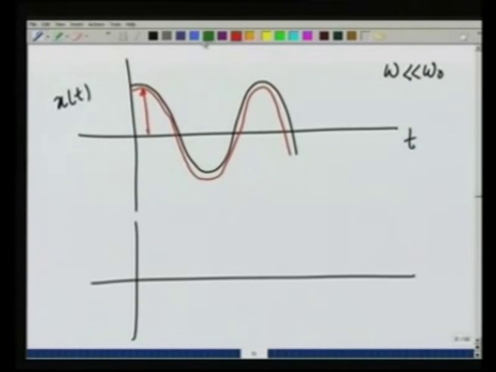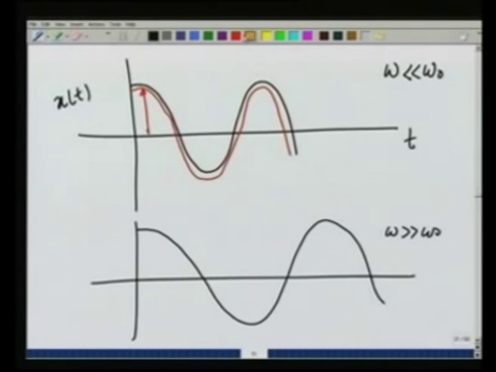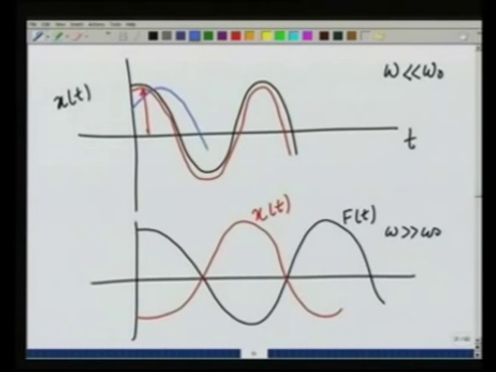On the other hand, if omega is much larger than omega 0, then if the force is like this, the displacement would be out of phase by pi. This is x(t). Black one is f(t). In between, therefore, the phase is somewhere in between, and so on.